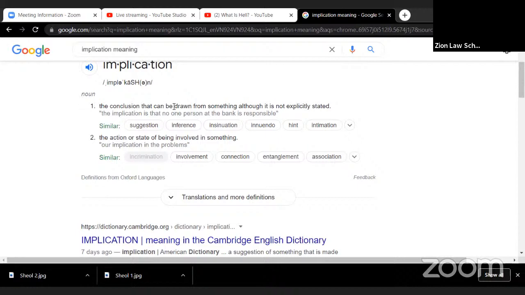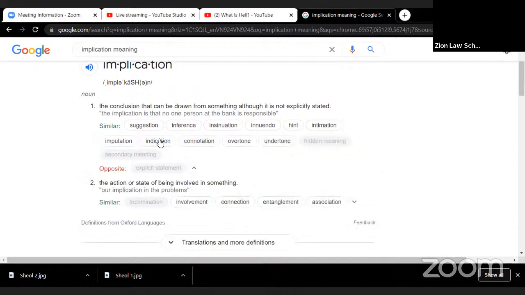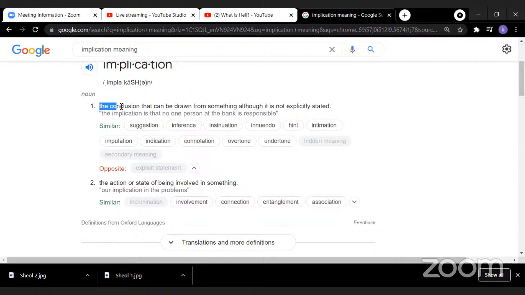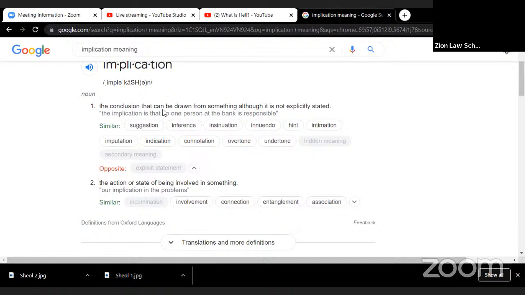The conclusion that can be drawn from something, although it is not explicitly stated. Similar: suggestion, inference, insinuation, innuendo, hint, indication, imputation. The second meaning is the action or state of being involved in something: connection, entanglement, association. So here we see as noun implication, in definition number one, the conclusion that can be drawn from something.